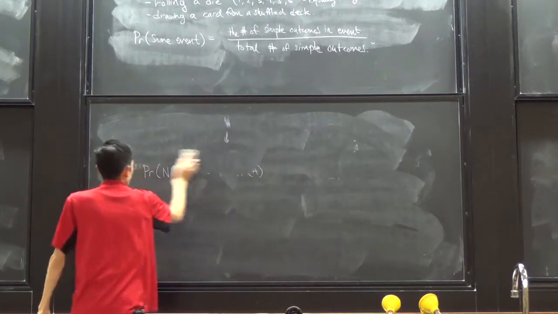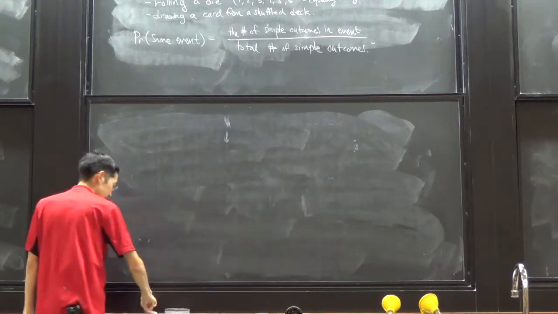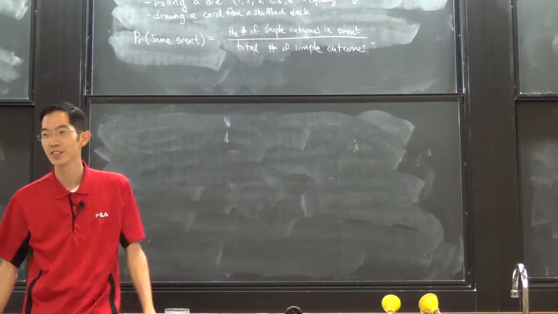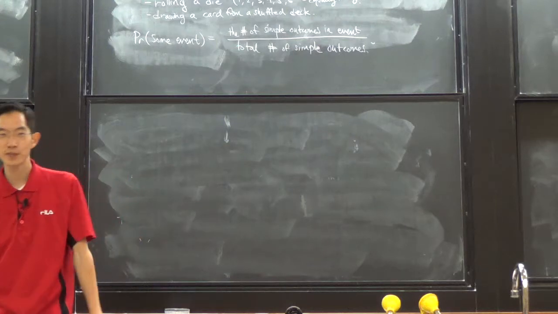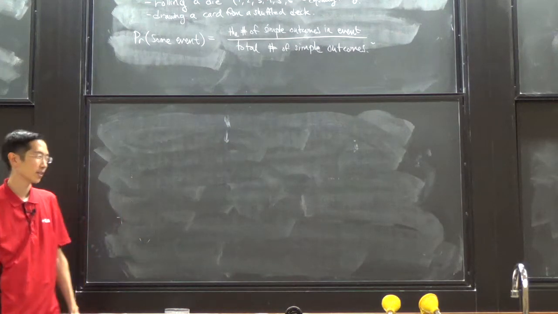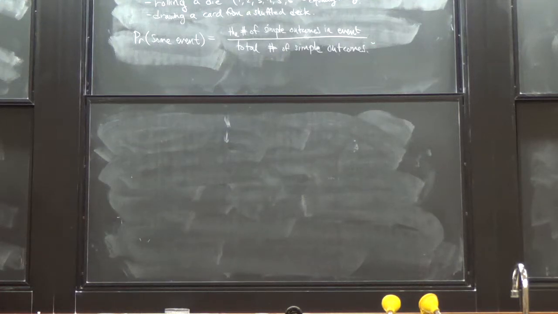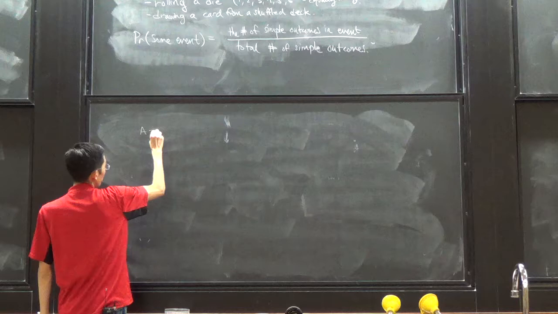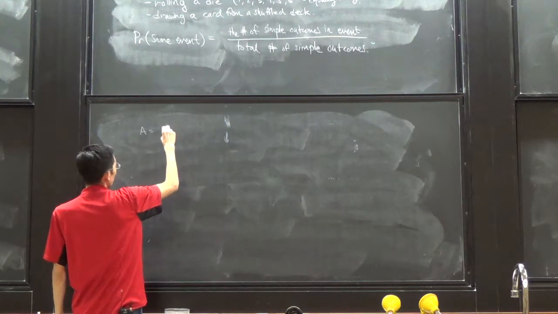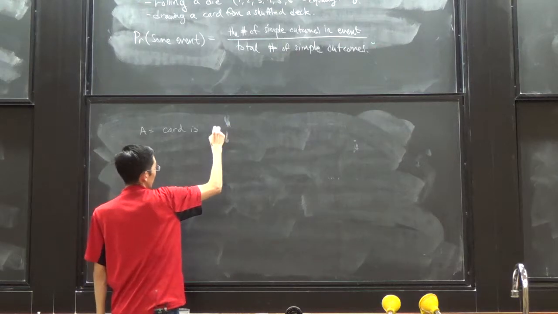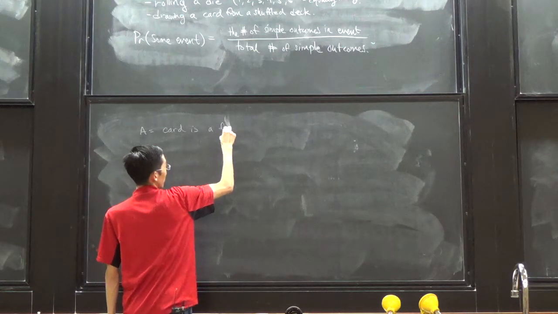So for example, are we all familiar with a deck of cards? Anyone a little shaky? There's 52 cards in a deck, 4 suits, 13 values in each suit. Okay. So if I say, let A be that the chosen card is a face card.